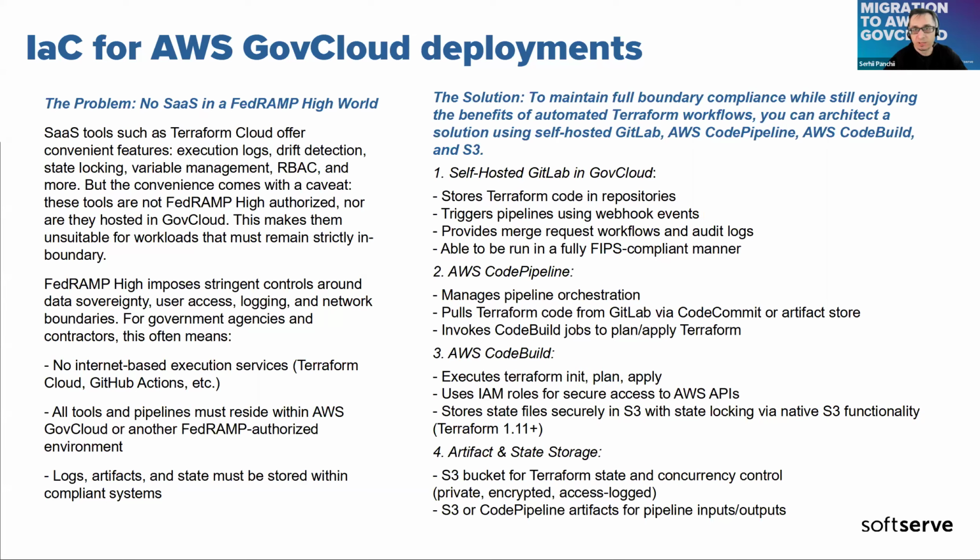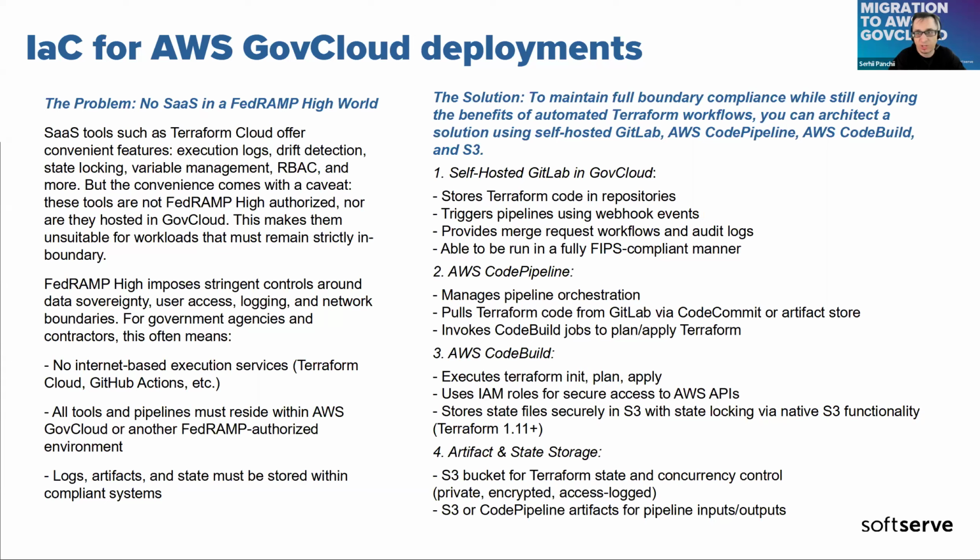A very interesting item of the presentation is related to infrastructure as code. As we covered earlier, the AWS GovCloud account is needed to achieve some compliance standards like FedRAMP High and others. And especially for FedRAMP High, SaaS-based infrastructure as code tools are mostly disallowed.